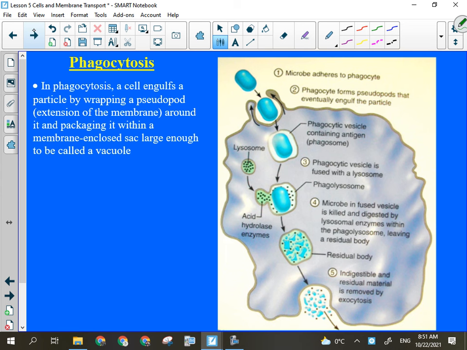So the process is very much like if you have a dog, if you've ever had to pick up after them, that's what the process is like. Here's the cell, and if something touches the membrane, the membrane just closes in around it.